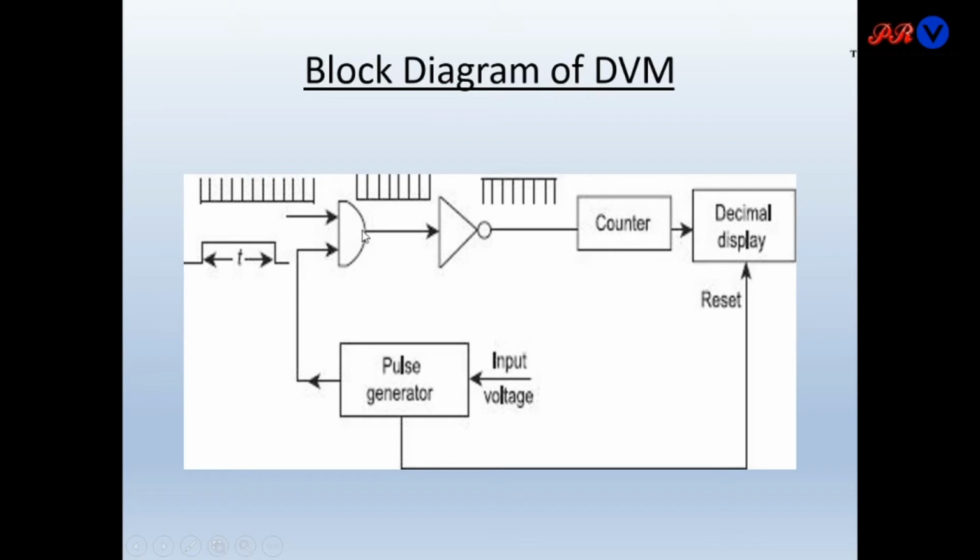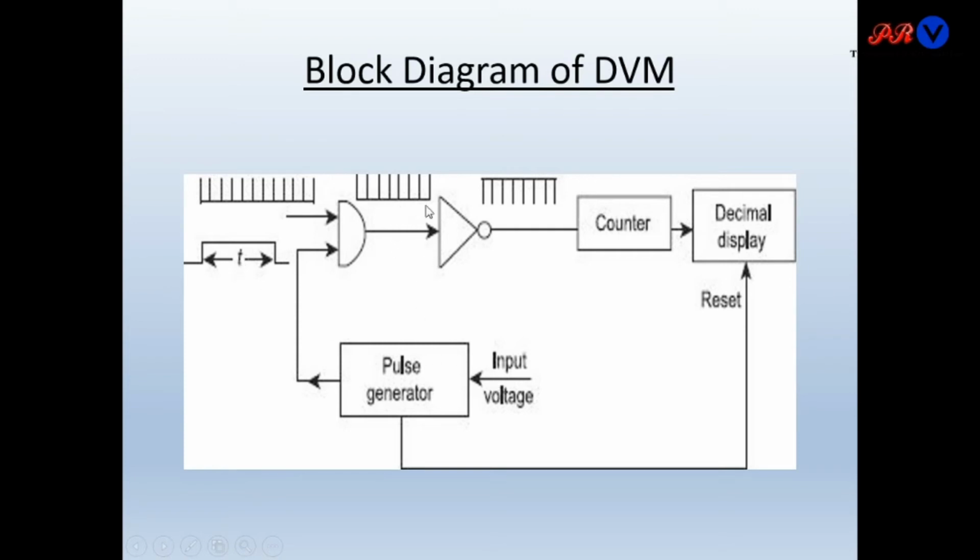This is our AND gate, and at one input of the AND gate we are given a train of pulses. So we will get the output of the AND gate as another train of pulses, but the duration of that train of pulses is the same as that of this T, which is proportional to the applied voltage.